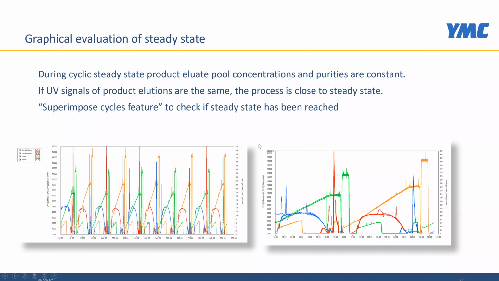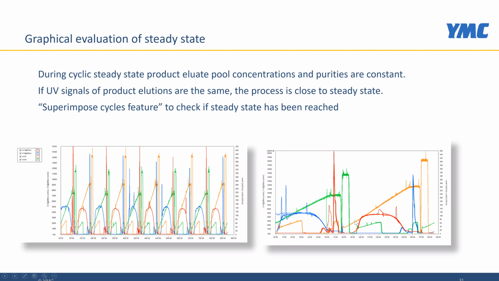Again, cyclic overlays can be done for both UVs and conductivities. So you can see here 5 cycles operated, and then shown in sequence. And then by pressing a button, they are shown as a cyclic overlay.